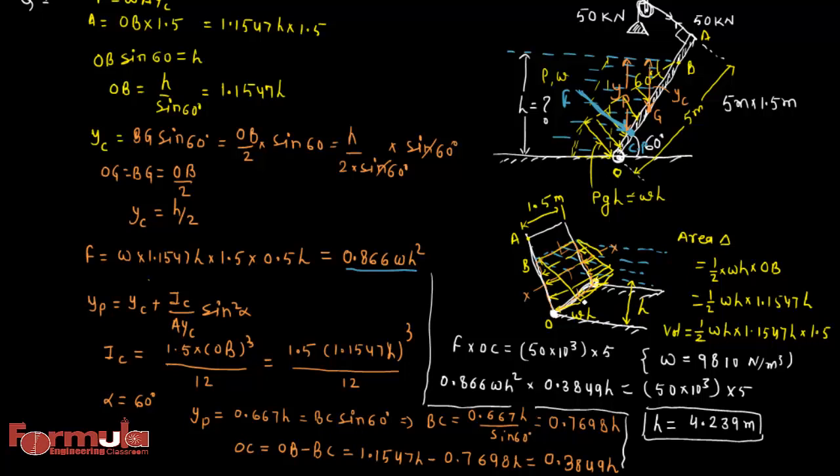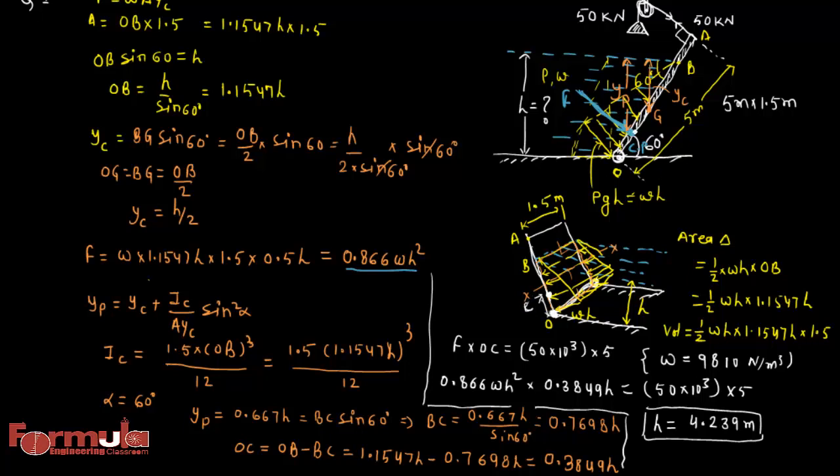So we know for this triangle, the CG of the triangle is around here. That is what I'm saying, this is the CG of this triangle. This is OC here.